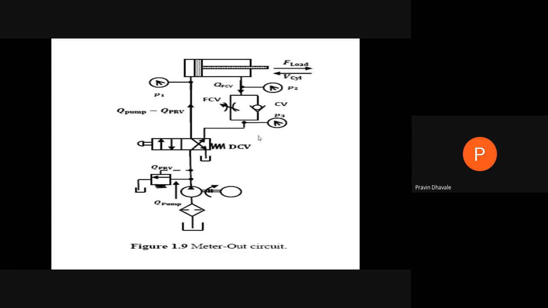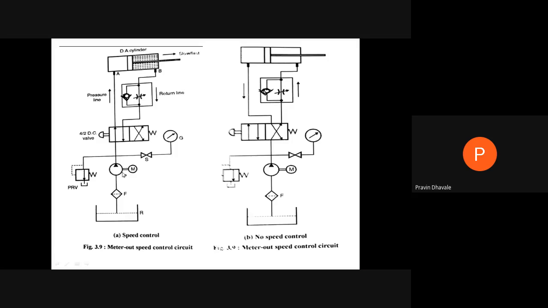In a meter out circuit, what change have we made? Instead of providing flow control at the inlet, we mount this flow control valve with the inbuilt check valve at the discharge side of the piston, that is the piston rod end. This is the B port. In the B port line we have mounted this flow control valve with the check valve. Now you see the position of the check valve.